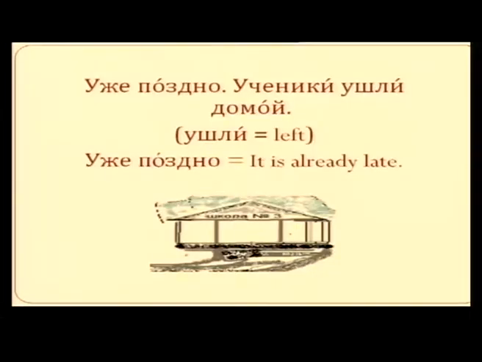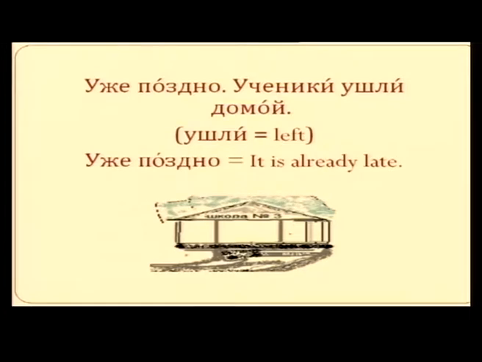Let us understand a few more examples where we will pay attention to the usage of these prefixes with verbs of motion. Уже поздно. Ученики ушли домой. It is already late. Students already left for home.